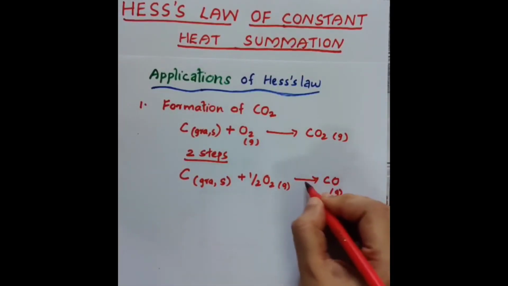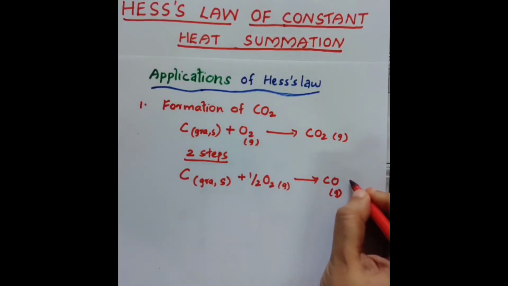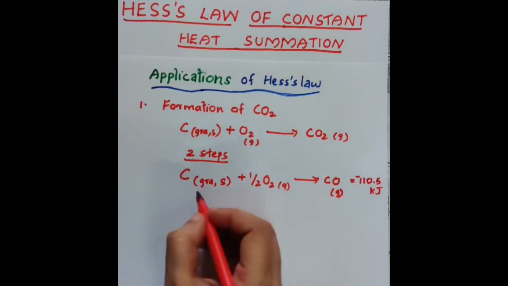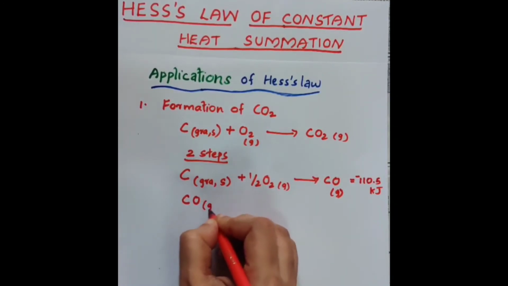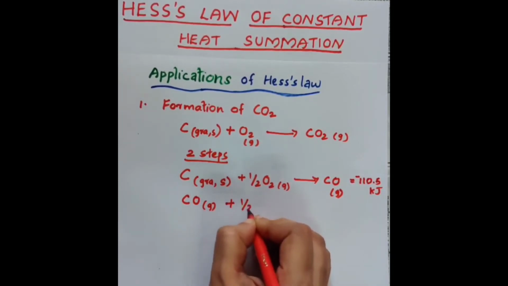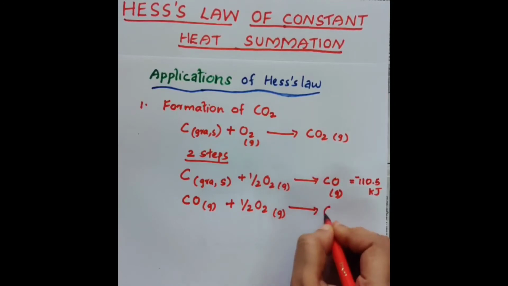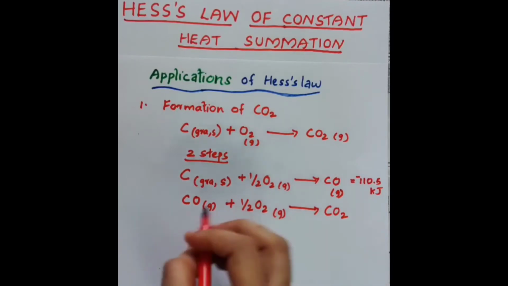The enthalpy change for this reaction, delta H, is negative 110.5 kilojoule. Now the second step is carbon monoxide gas plus half O2, oxygen gas, giving carbon dioxide.